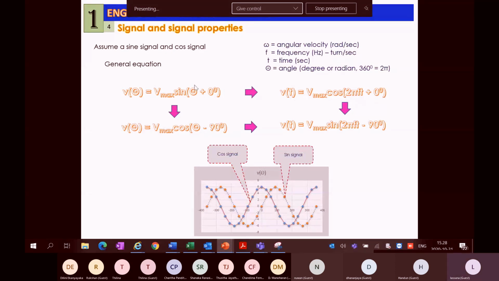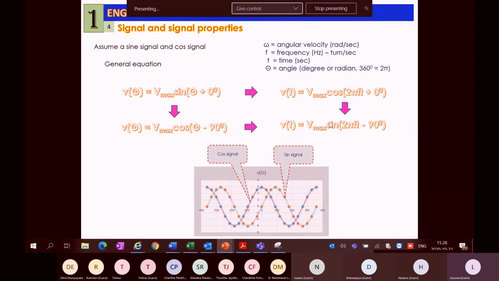In the same way, if you have a cos signal, this is your cos signal, this is your sine signal, these two signals are equal. Why? Because the difference between these two signals from the angle point of view is only the phase angle difference. Therefore, this cos equals this sine, right?